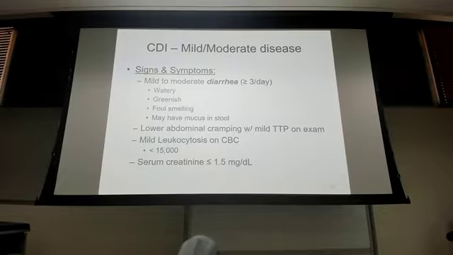Diagnosis requires 3 or more unformed stools within 24 hours and positive testing. We're going to talk about the testing algorithm in just a second. Mild disease also means serum creatinine less than 1.5 and leukocytosis on the CBC less than 15,000.